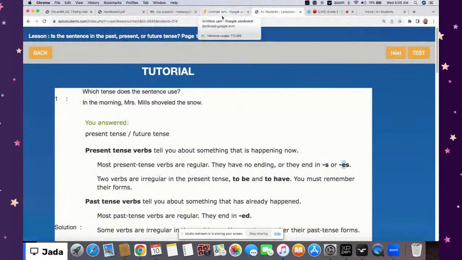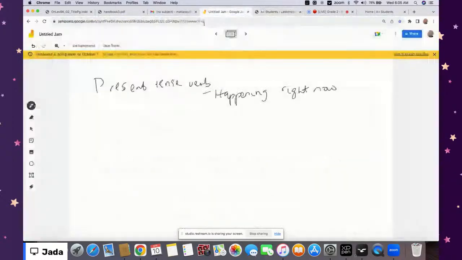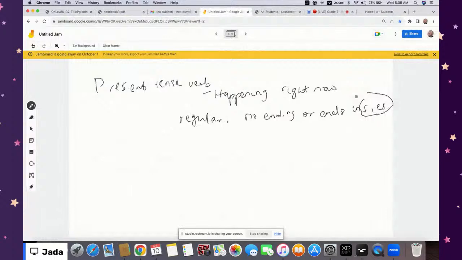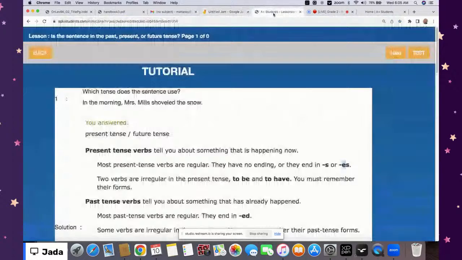Okay, so present tense verbs, they are regular, no ending, or end in s or es. Sometimes they have no ending, and other times they end in s or es.